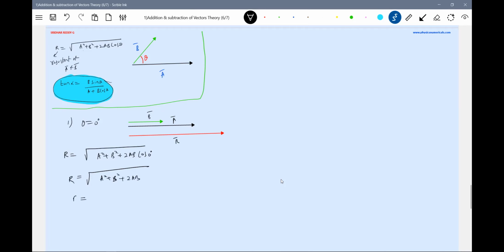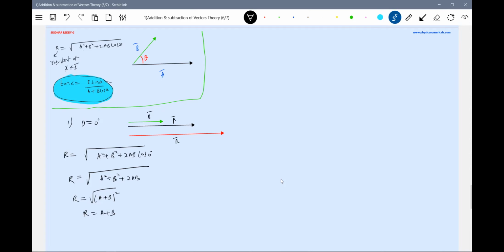Then R equal to root of A plus B whole square, so finally the resultant is given by A plus B. Just add the lengths of these two, the sum of this plus this is R bar. What is the angle made by the resultant? Theta 0, put theta 0. So the resultant will be along A bar only.